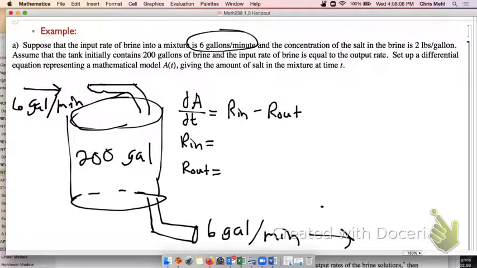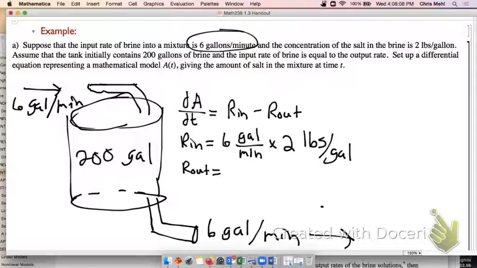So R in, that's how much salt is coming into the tank. There are 6 gallons of water coming in per minute, and you multiply that by the 2 pounds per gallon coming in. Every gallon of this solution contains 2 pounds of salt.